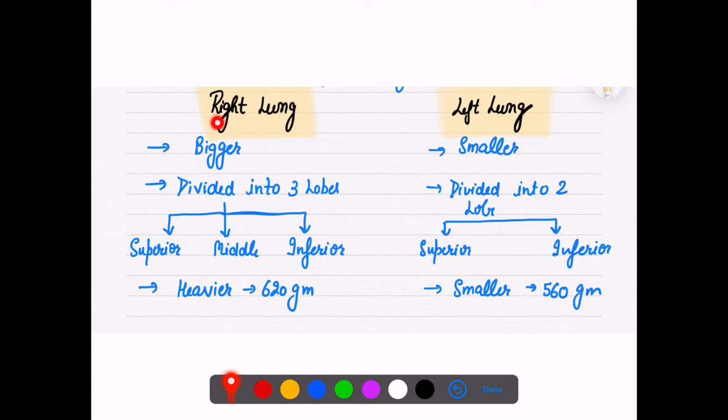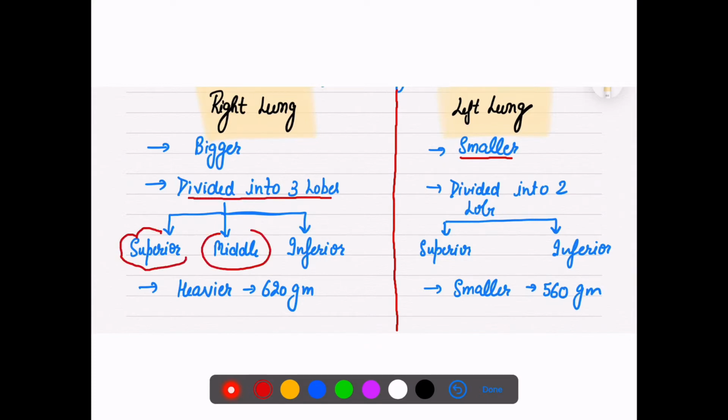Now if we have to mark the difference between right lung and left lung, the right lung, as I already told you, is a little bigger in size, and the left lung is smaller. The right lung is divided into three lobes: superior, middle and inferior. And the left lung is divided into two lobes, that is superior and inferior.